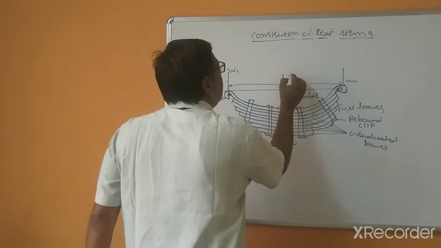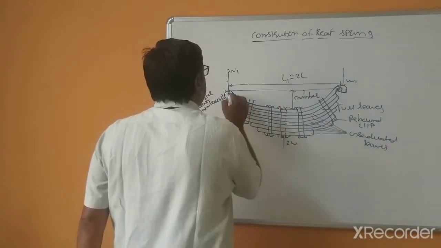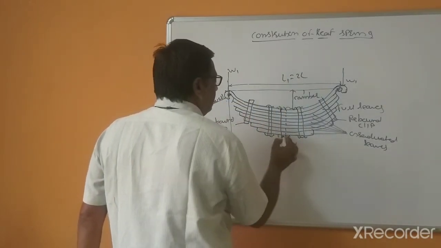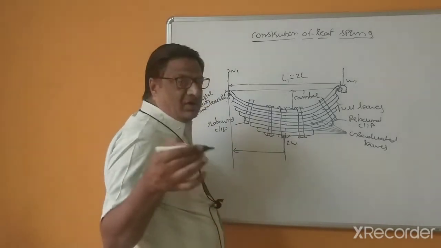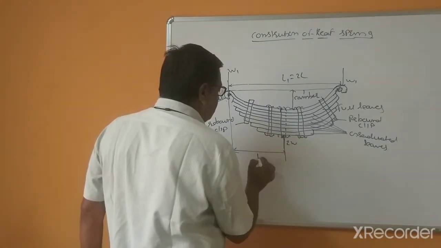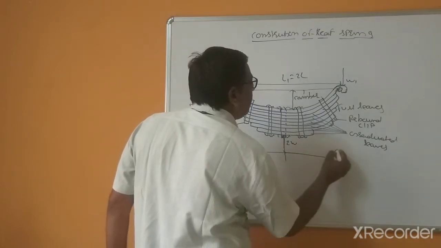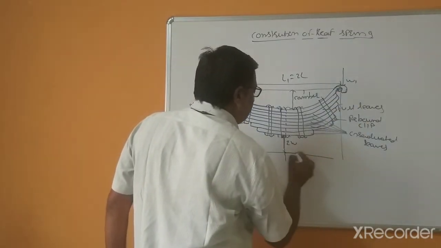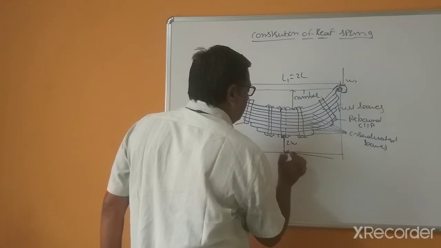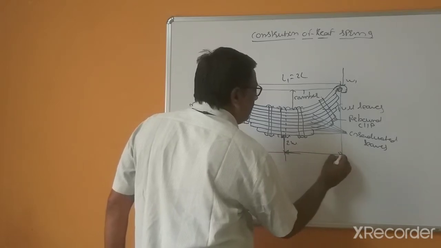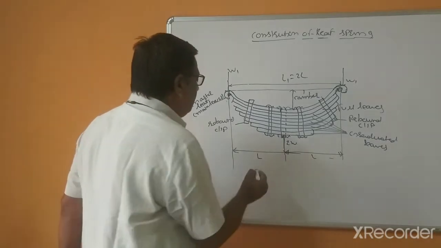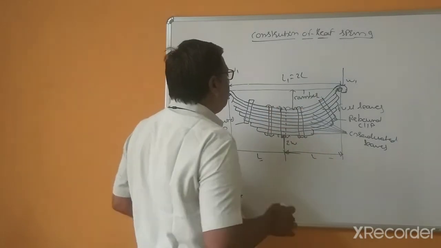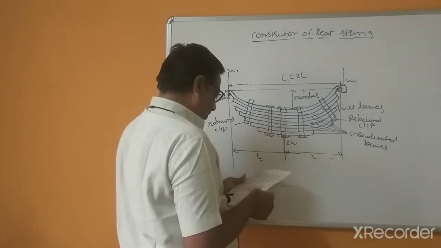L1 equals 2L. For calculation purposes, we consider the half length as a cantilever, because this is actually a simply supported arrangement, but that is why I am taking the half length equal to Ls, and L1 equal to 2Ls.